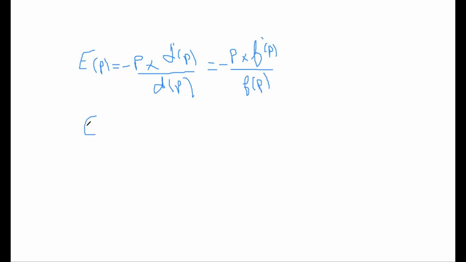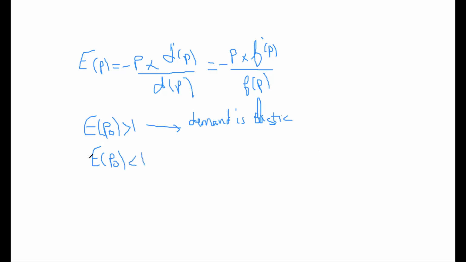If E of P0 for a certain value of P is greater than 1, demand is elastic. If E of P0 is between 0 and 1, the demand is inelastic.